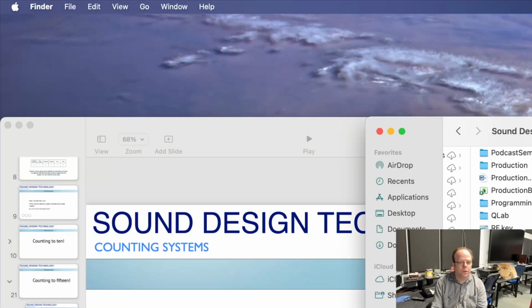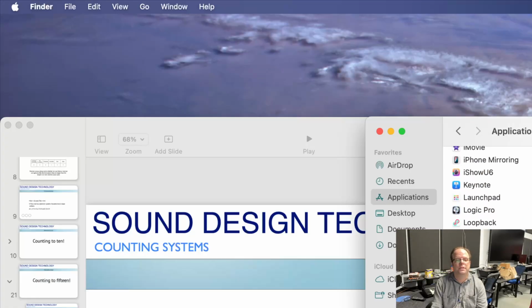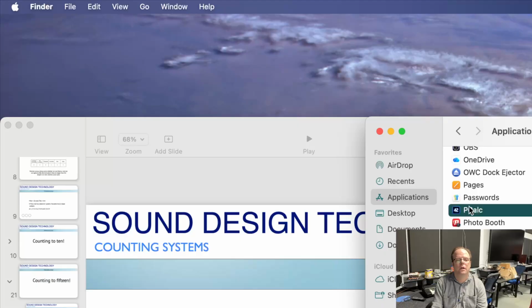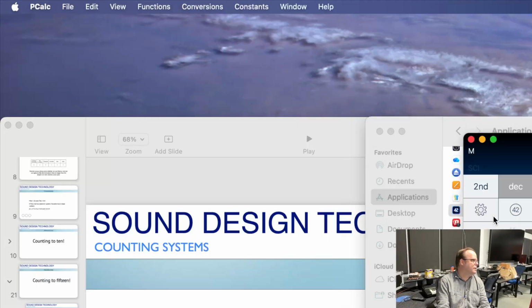Okay, so what are our placeholders in hexadecimal? What are their values? Ones, 16s, 256s. Yes, 256s.